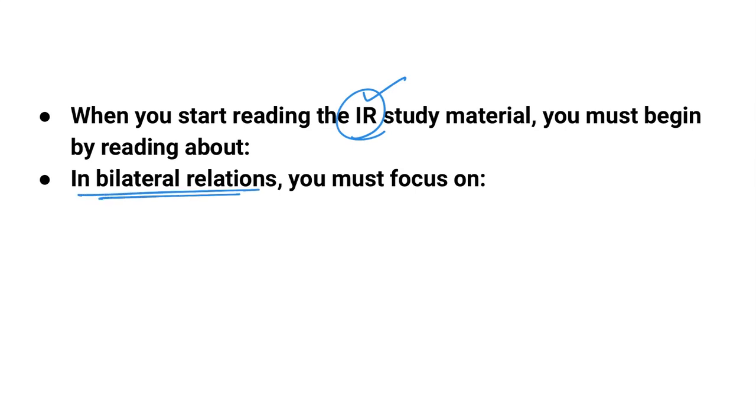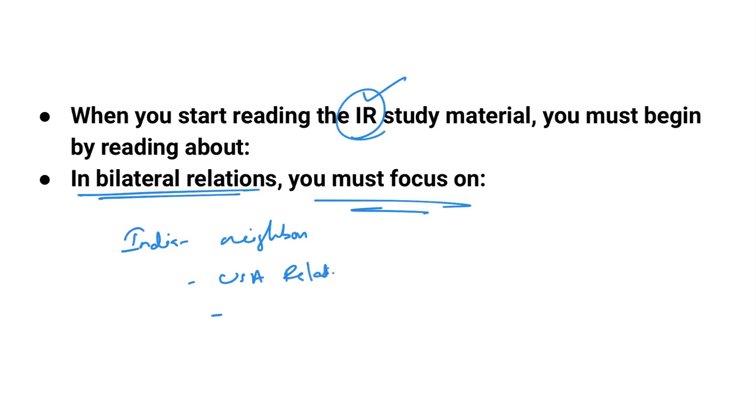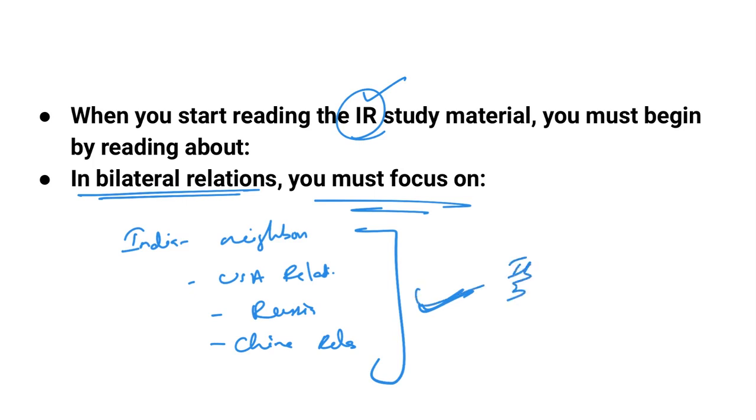In bilateral relations, one must focus on India and its neighbors, India's relation with the USA, India and Russia relations, and India and China relations. These are the four things one must focus on during the preparation of IR.